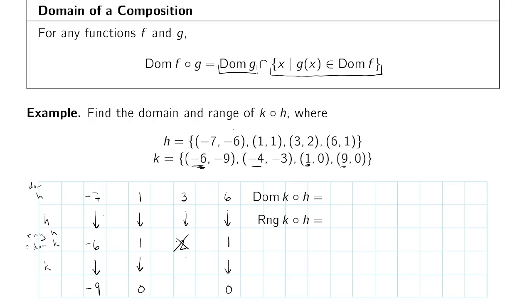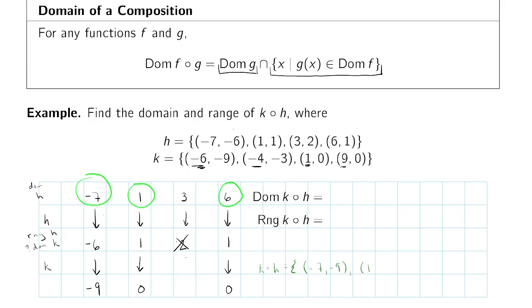Okay, so the numbers that are in the domain of the composed function are the ones that we could actually apply k after h to. So if we want to actually write the composed function, k composed with h takes -7 to -9.